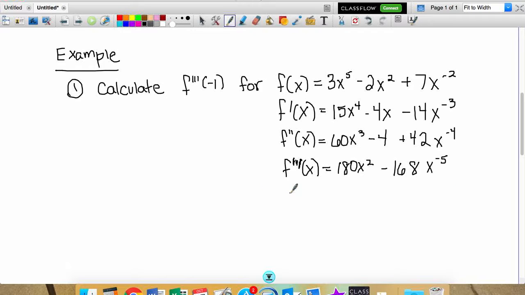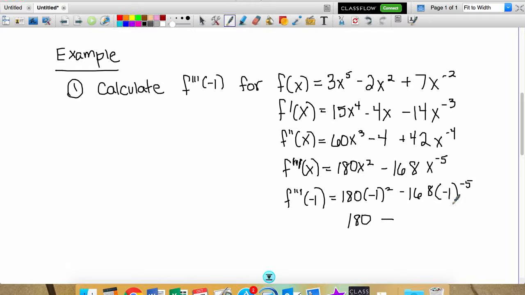We want f triple prime at -1. So now all we need to do is plug in -1. So 180 times -1 to the second power minus 168 times -1 to the negative fifth power. Negative 1 to any even power is always positive, so positive 1 times 180 is positive 180.